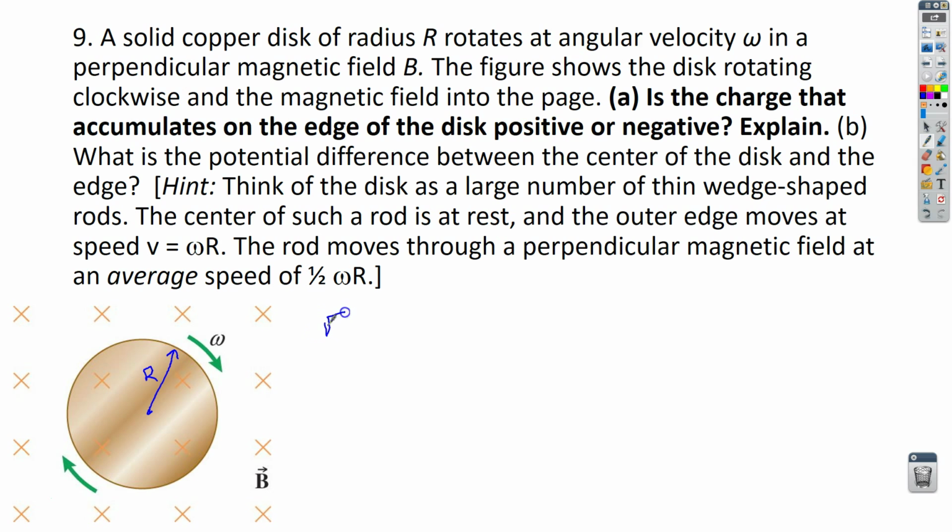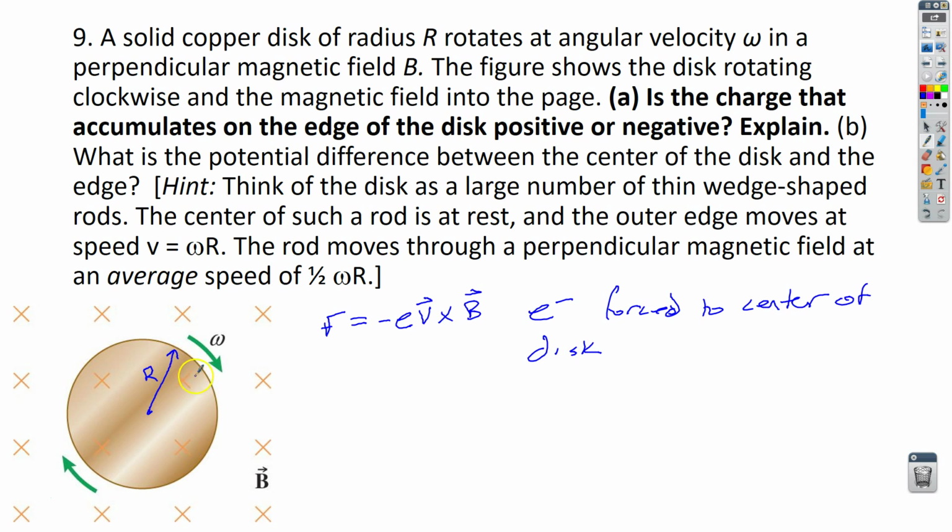So to figure that out, we're going to say that the force will be equal to negative E times V cross B. The electrons here are forced to the center of the disk due to the right-hand rule.